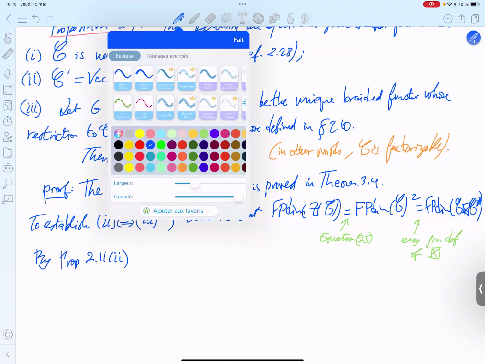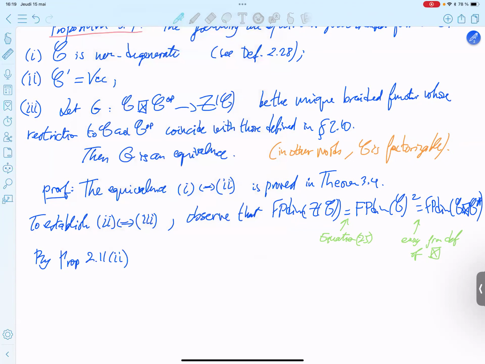Let me recall it in maybe this color. So this was as follows. Let C and D be fusion categories. Let F from D to C be a tensor functor.